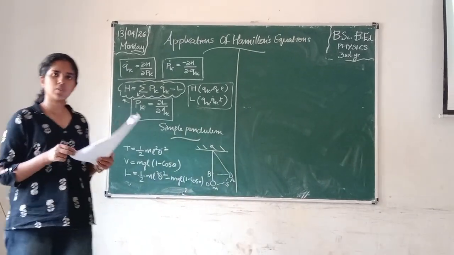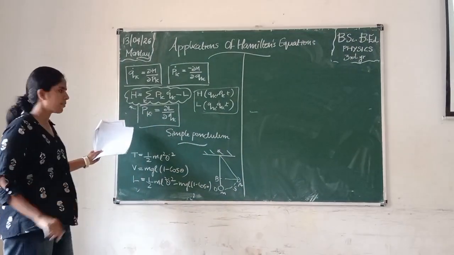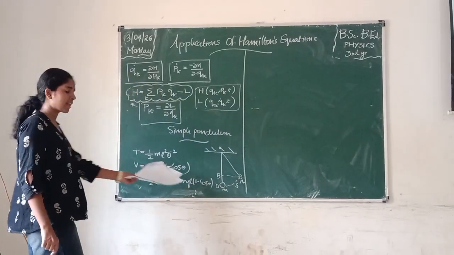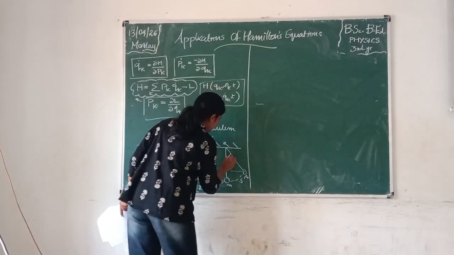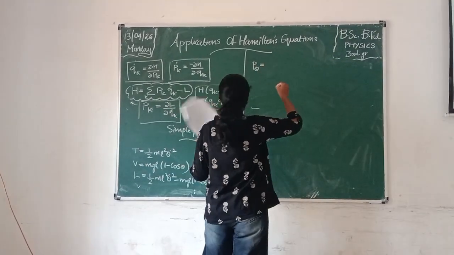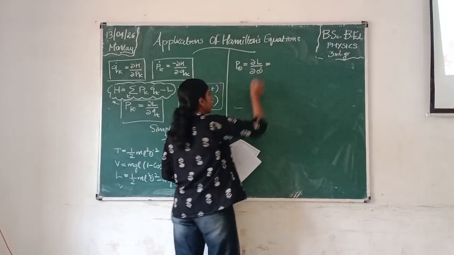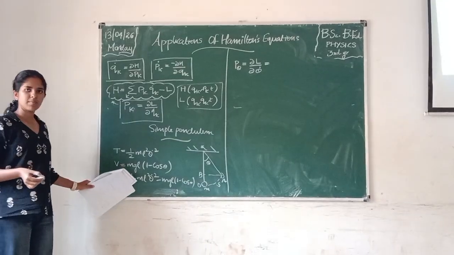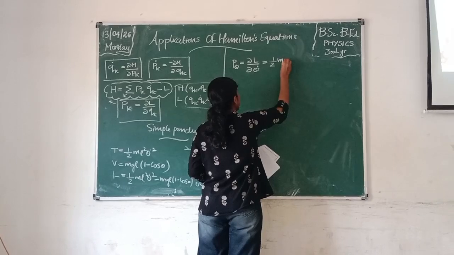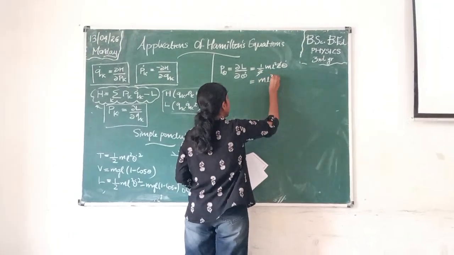So what is the next step? Everyone knows, right? With the Lagrangian step, we already find p theta, which is ∂L by ∂theta dot. So what will be ∂L by ∂theta dot? Half m L square into 2 theta dot, that is m L square theta dot.